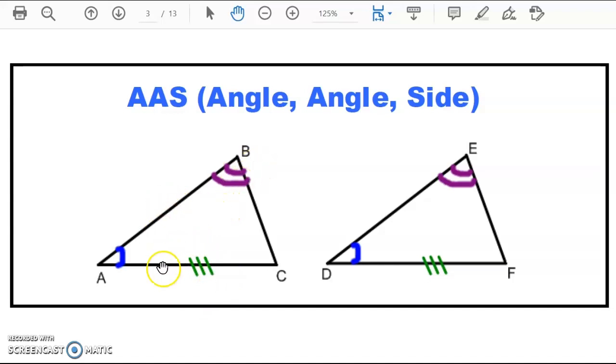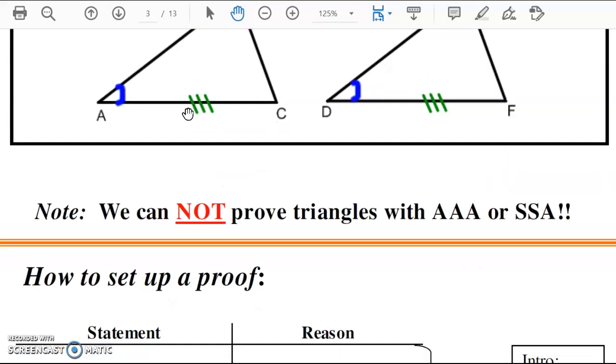As long as you have angle, angle, side, where the side is not in between, that's enough to say that these two triangles are congruent by the AAS postulate. Again, we're going to get some more practice here with the homework in a bit.